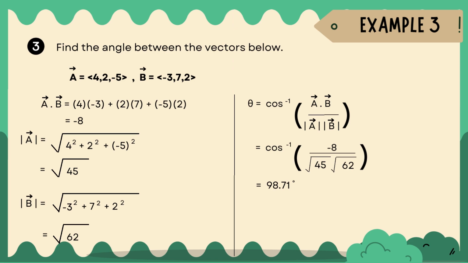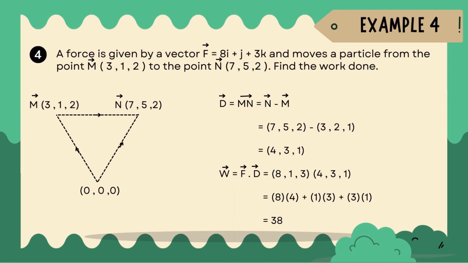To find the angle, theta equal to cos negative 1 multiply vector A multiply vector B over magnitude vector A multiply magnitude vector B. So cos negative 1 multiply negative 8 over square root 45 multiply square root 62, and the answer we get 98.71 degree.